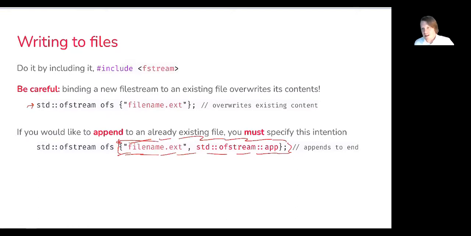And the first argument here is going to be file name.extension. The second one, in the case of appending, is going to be this right here. And you can think about this as essentially communicating to the output file stream object that's being constructed that, hey, you're actually going to be adding to the end of an existing file. And it will ensure that this happens in this manner.